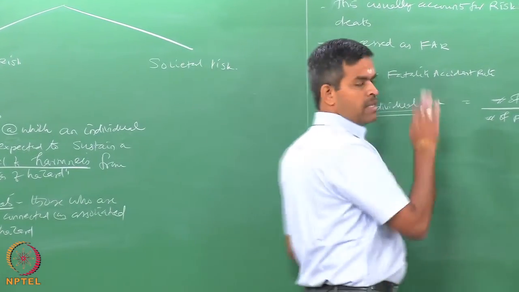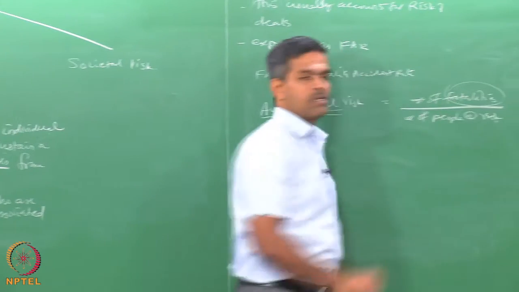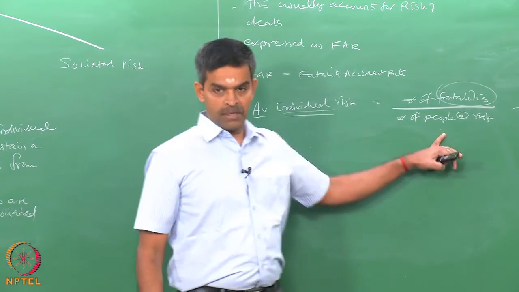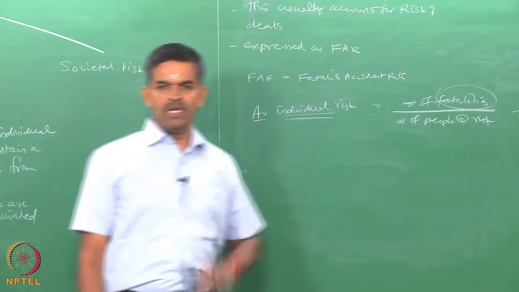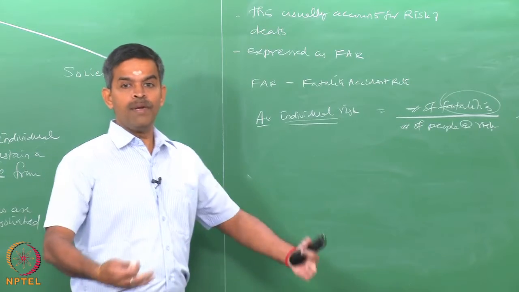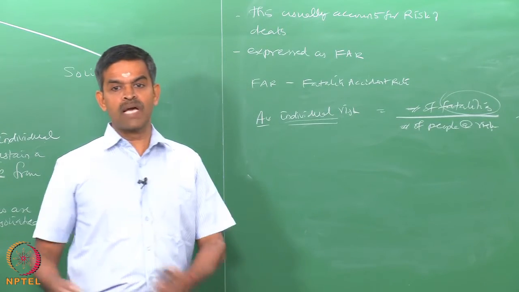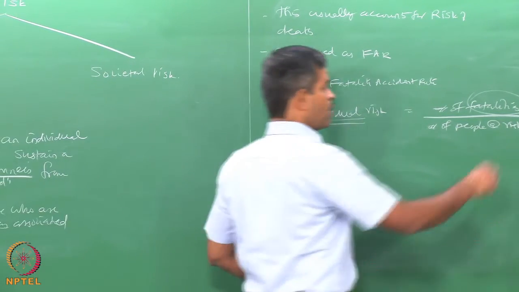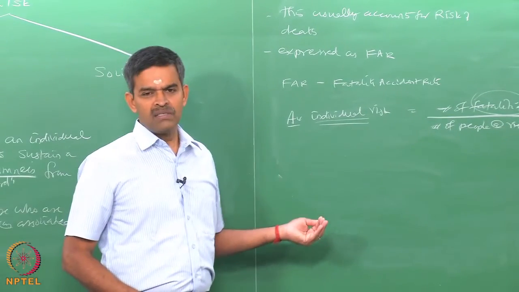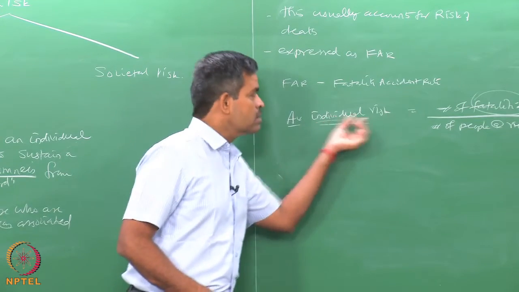Unless and until you die, you cannot be in the numerator. But if you are an employee, you can be in the denominator. Obviously, when people are not declared dead because of the consequence of the accident, the numerator will be lower and lower. So, this will give me a picture saying that the average individual risk is lower.